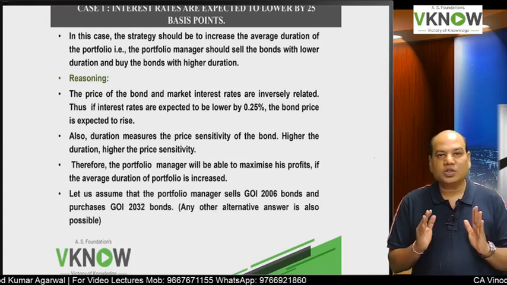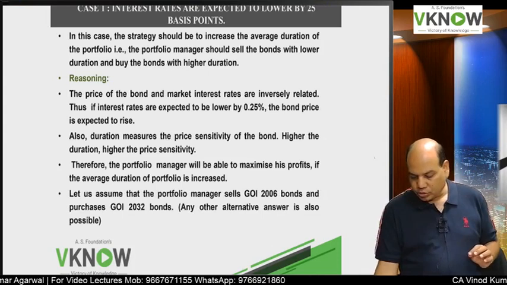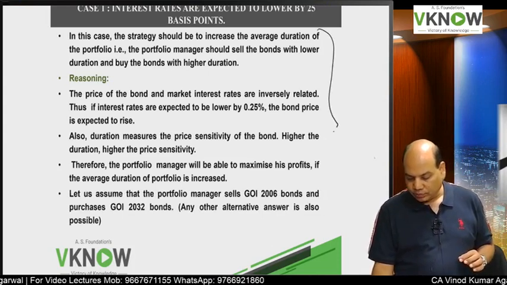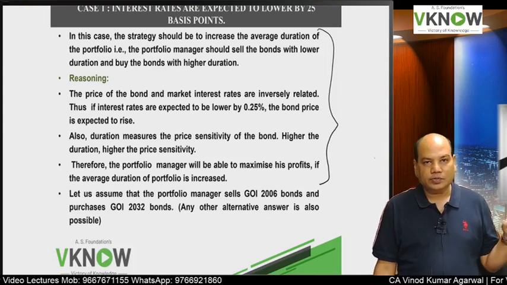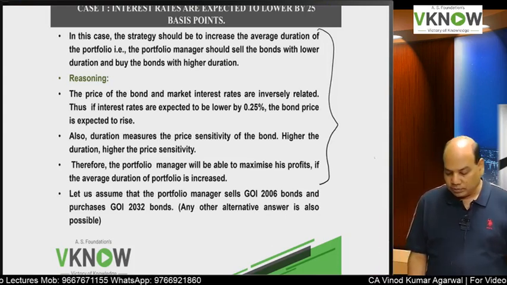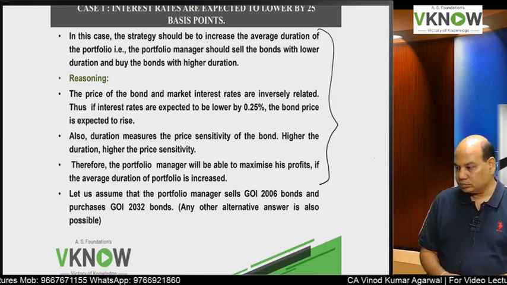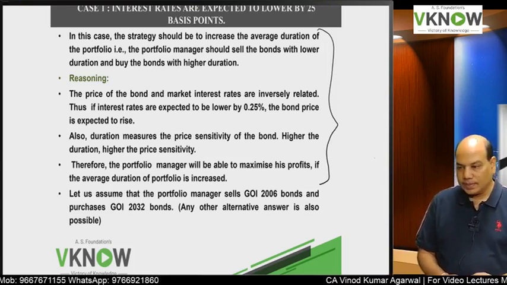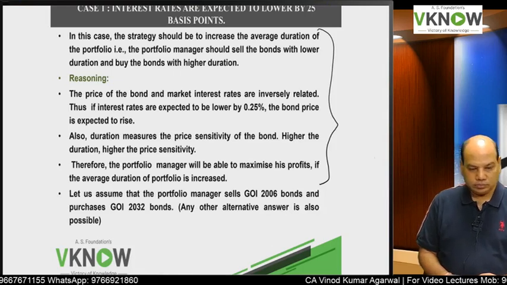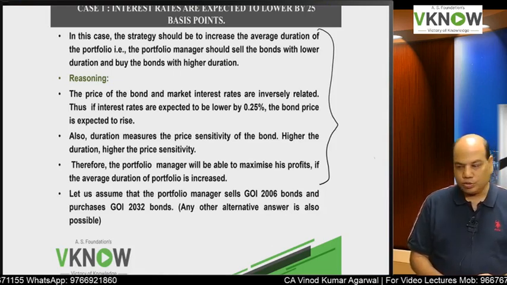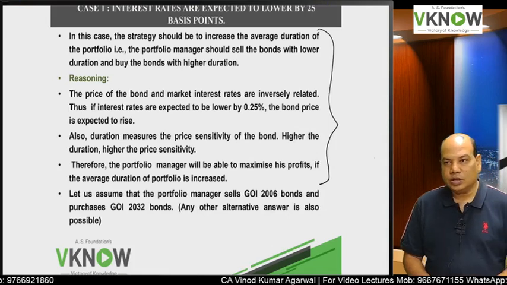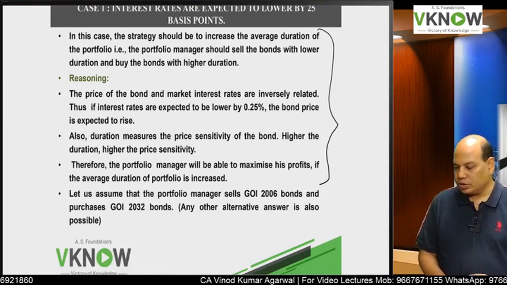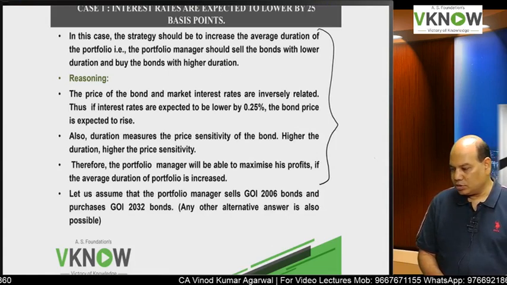Now write down what specifically we will do in this question. This was a general discussion on what fund managers do when market interest rates are expected to fall. In this question, let us assume that the portfolio manager sells GOI 2006 bonds.